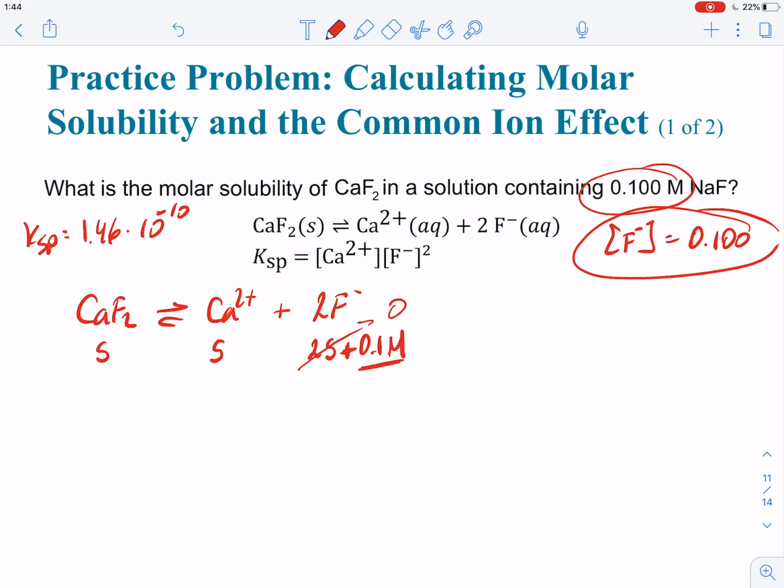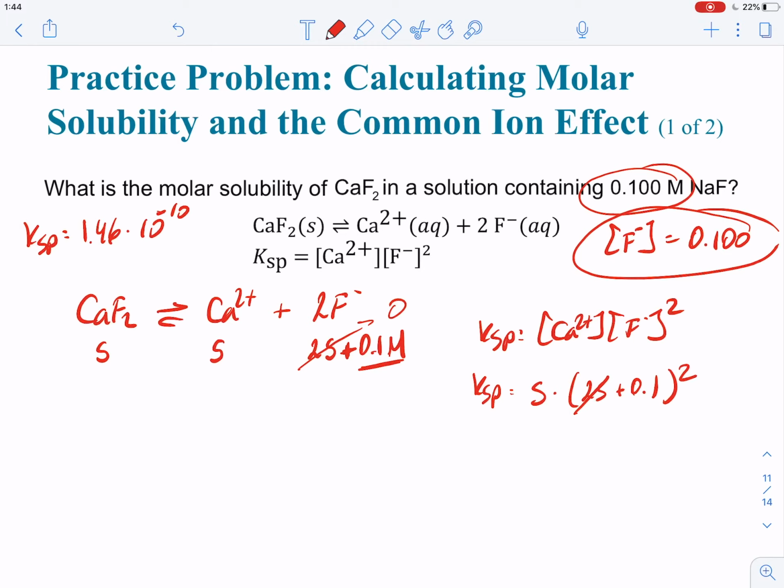So in this case, Ksp would be simply, let's do the whole thing. Ksp is the concentration of calcium times the concentration of fluoride squared. Therefore, Ksp is equal to S times (2S plus 0.1) squared. We are assuming that S is very small.